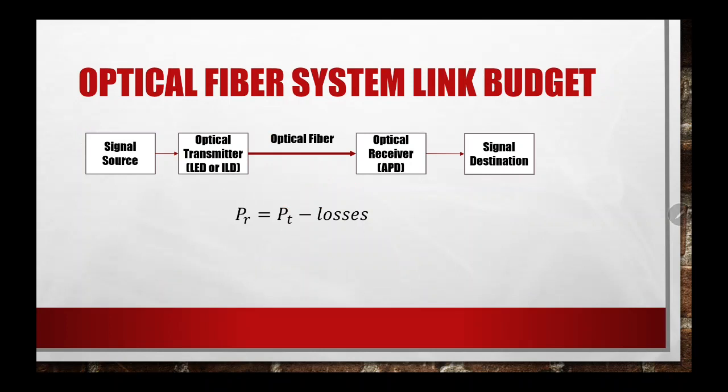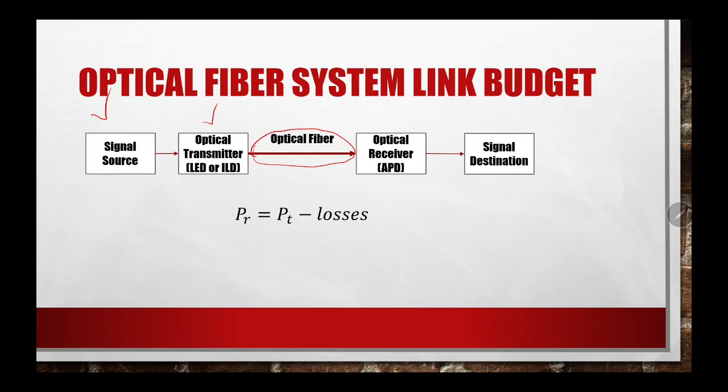Okay, so for the last part of our discussion, so meron tayo ditong simple illustration ng isang optical fiber system link. So meron kang signal source, meron kang optical transmitter which can be LED or ILD, and then yung optical fiber natin. So, optical receiver, which is, dito is avalanche photodiodes. So, pwede rin photodiodes lang. And then, yung signal destination.